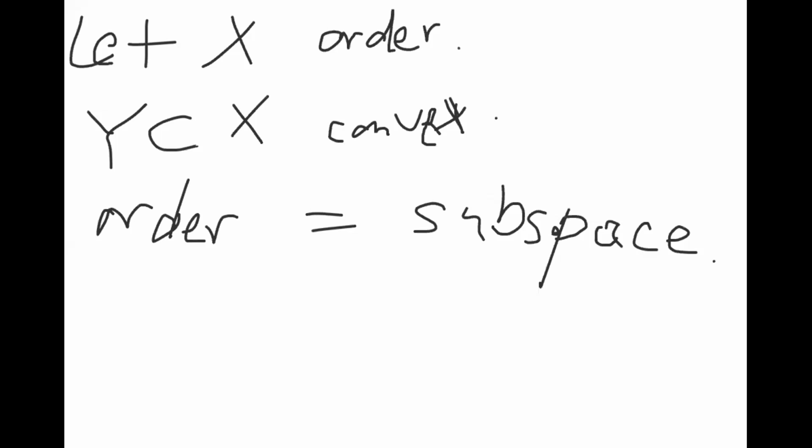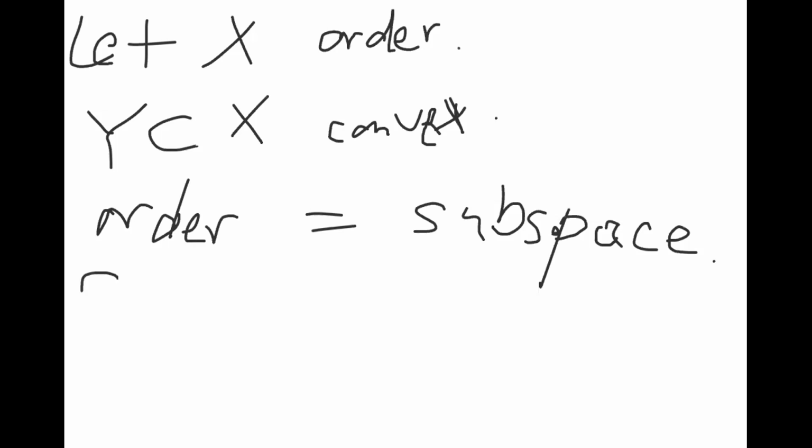X has the order topology, and Y is a subset of X that is convex in X, and the order topology on Y is the same as the subspace topology Y inherits from X. So we basically have to find a topology on X and intersect it with some open interval so that it becomes a topology for Y, right? Yes.